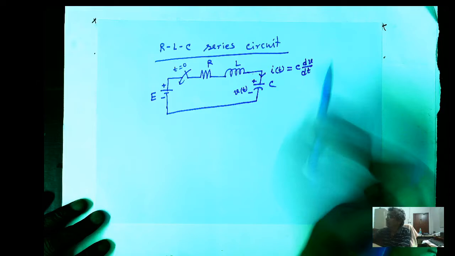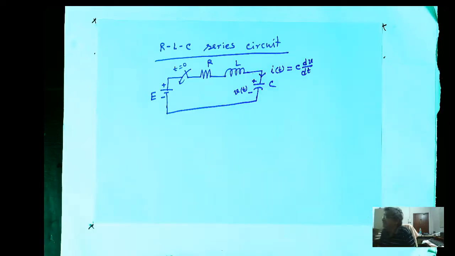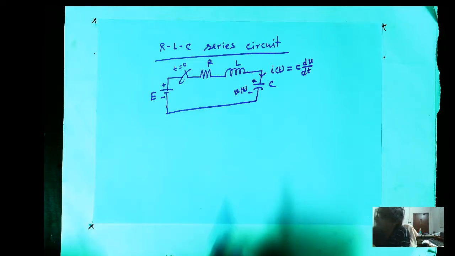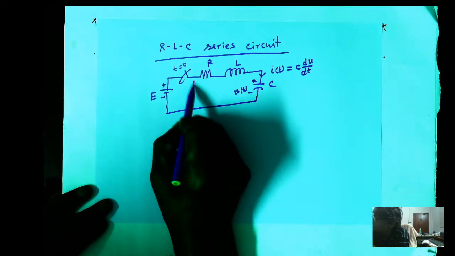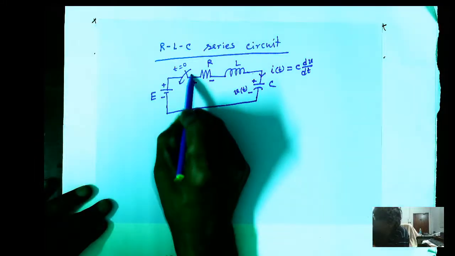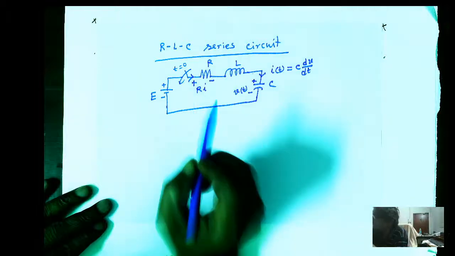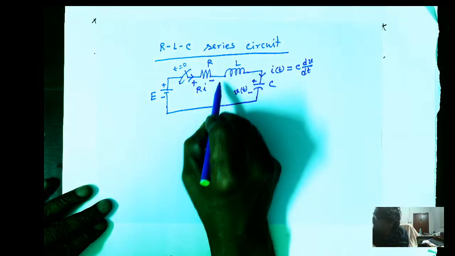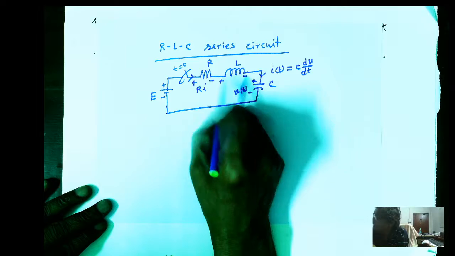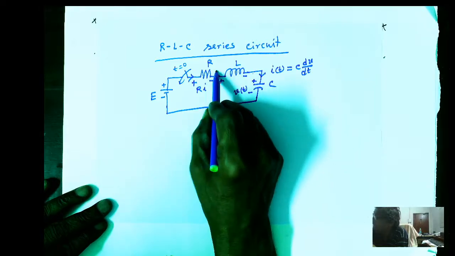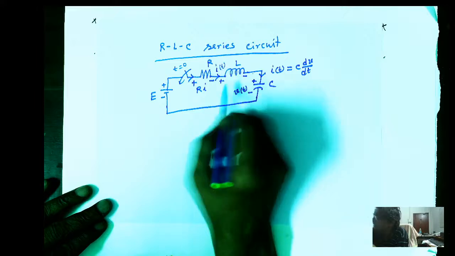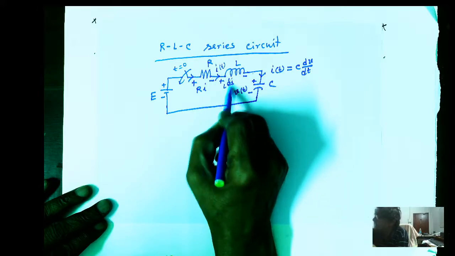Okay? So I will try to form a differential equation involving one variable, in this case voltage across the plate of the capacitor. So this is the current. Mind you, what is the voltage drop here? This is Ri. But i is C dV/dt. Similarly, what is the voltage drop here? Current assumed in this direction, i(t). Therefore, L di/dt is the voltage.